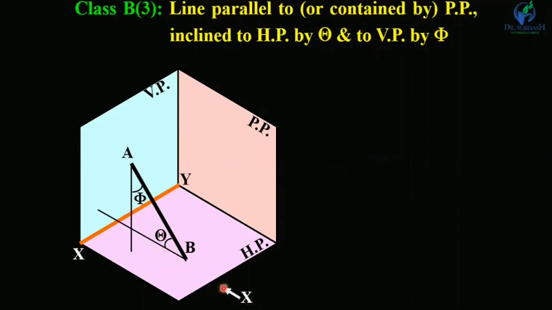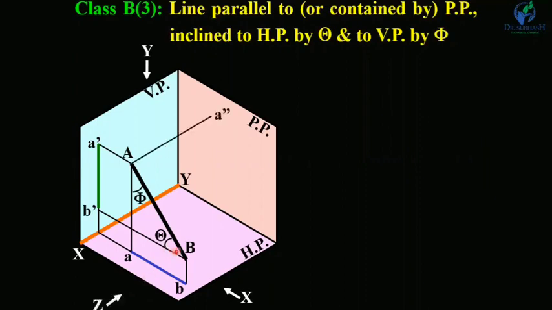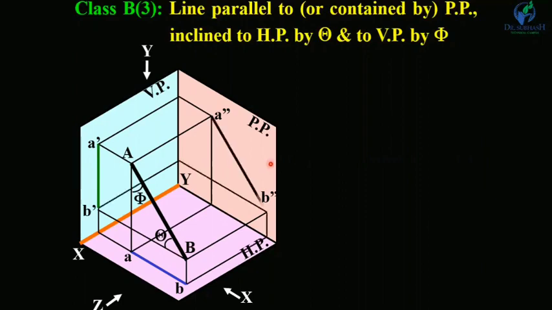From this direction X, A dash B dash; looking from the top, AB; and from the side, A double dash B double dash. So this inclination is theta and this inclination is phi.